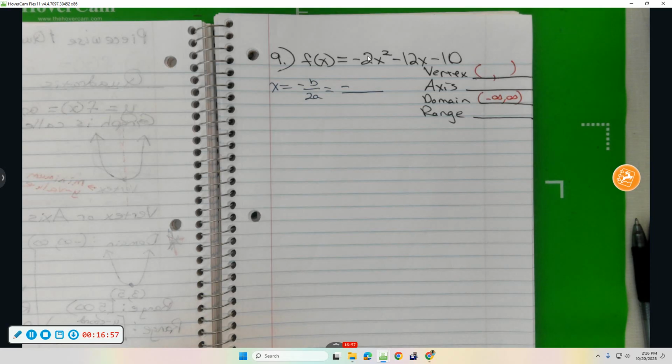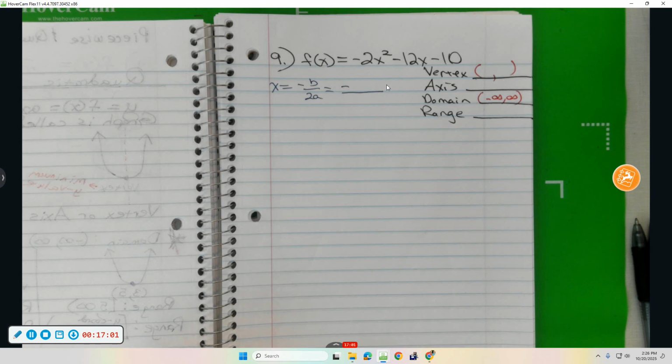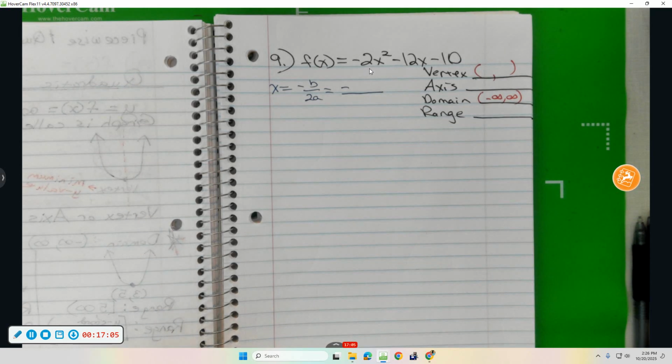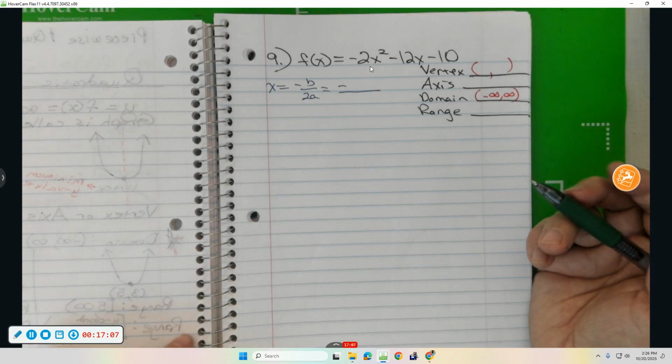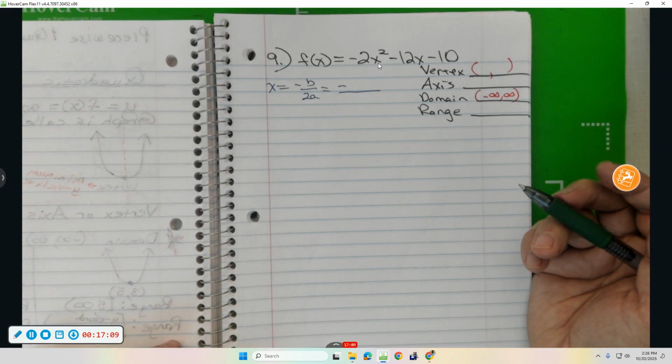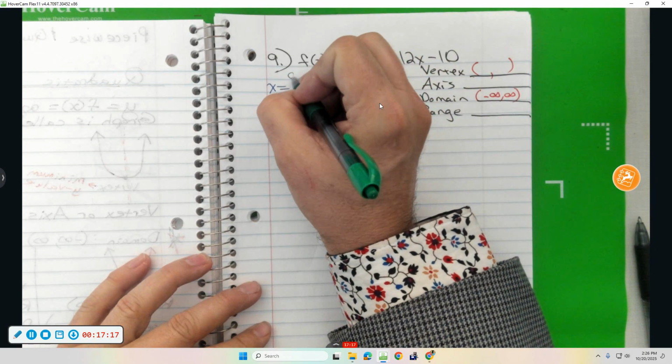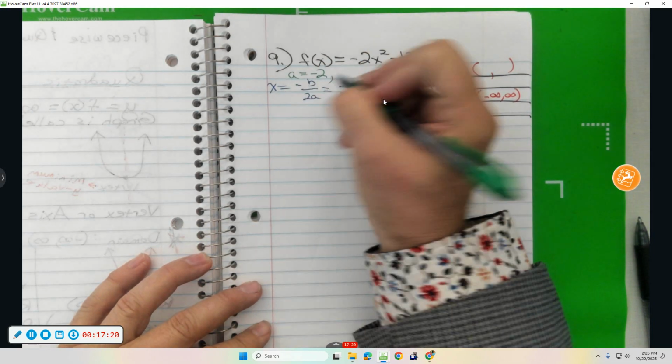Well, we should label A and B. We don't need C, but let's go ahead and label A and B. Remember how these things are identified. What number is A? A is the coefficient of the x squared term, so A is equal to negative 2.